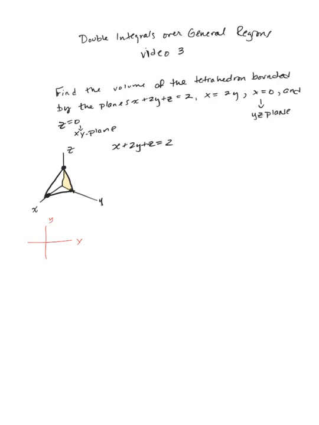X equals 2y is steep, right? It goes like this. So you're taking that and putting it on this graph, but you're drawing it at an angle, so you don't have to make it look quite as steep. All right, so I have x equals 2y.